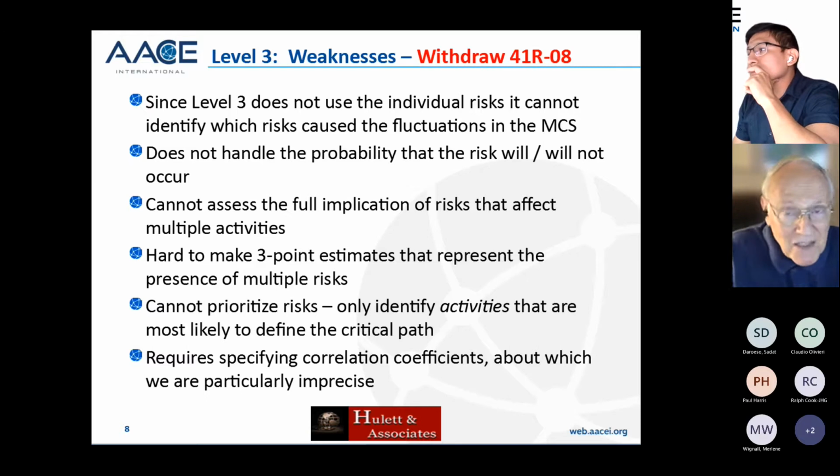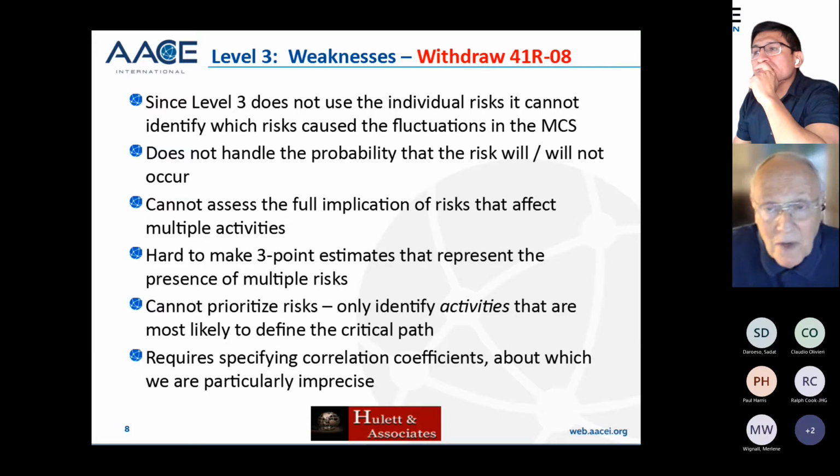And if this is a risk analysis, that seems to me to be one of the first things you should be able to do. And in fact, that is one of the ideas in the AACE methodology on what is actually required for the software. And it says essentially you got to start with the risks. Well, level 3 does not do that.